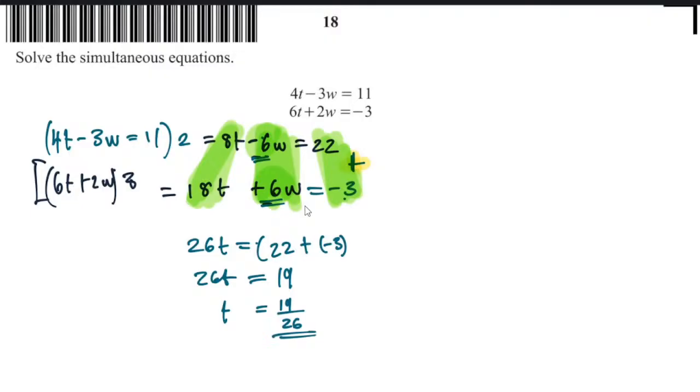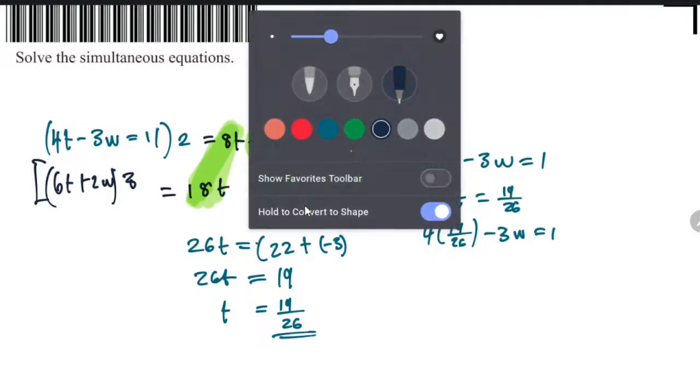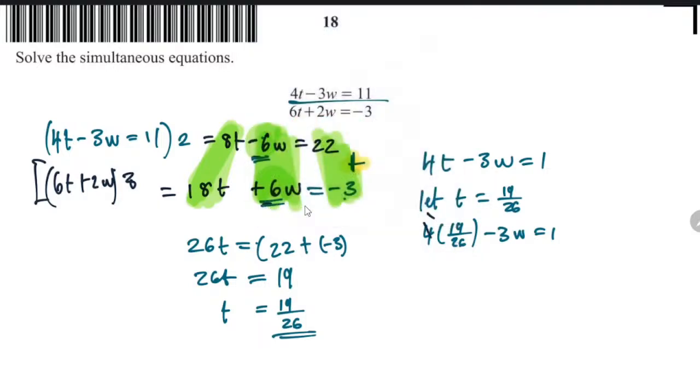Can you see? Now you come here on any of them, like this one. You say now 4t minus 3w is equal to 11. You say let t be equal to 19 over 26. So it will be 4 by 19 over 26 minus 3w is equal to 11. Now what do you do here? 4 into 4, 1. Can it go into 26?